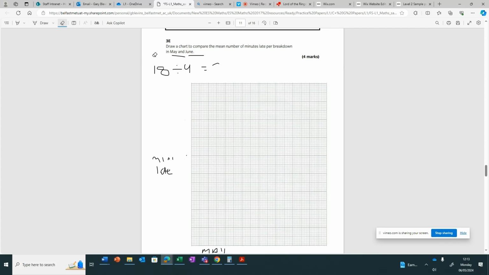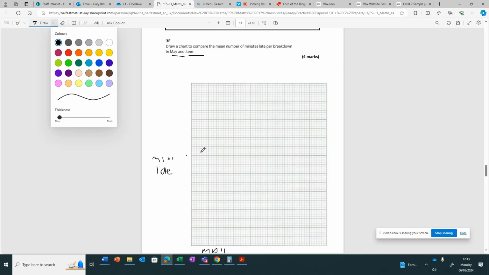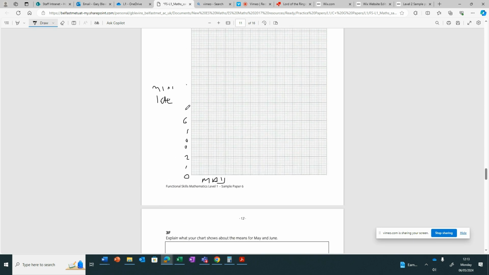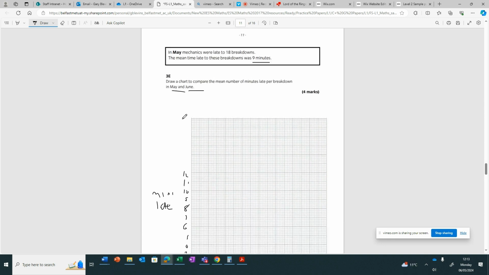So our biggest number, which we always go with first, was 14. So there's 1, 2, 3, 4, 5, 6, 7, 8, 9, 10, 11, 12, 13, 14.